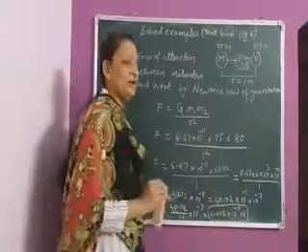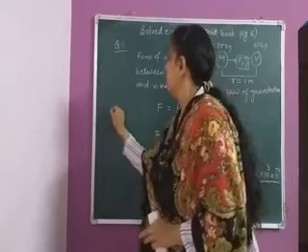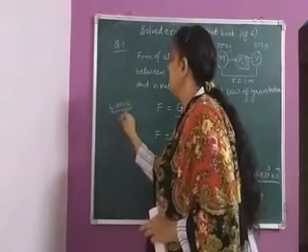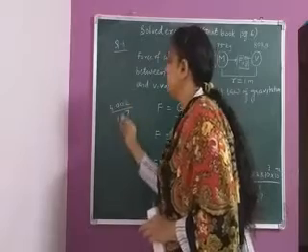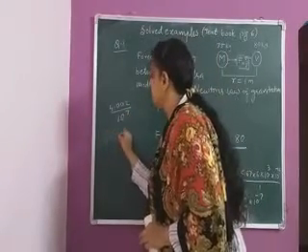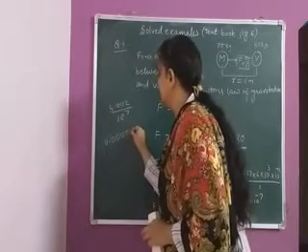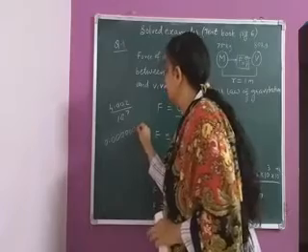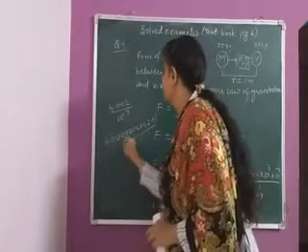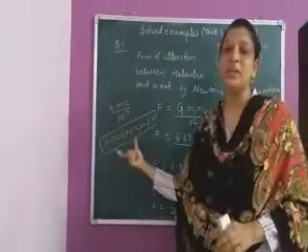The value of force, that is 4.002 upon 10 to the power 7, if you evaluate this, is very less, 0.000004002 newtons. So this amount of force is very small, very negligible.